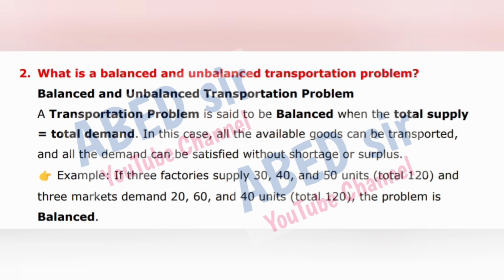In this case, all the available goods can be transported, and all the demand can be satisfied without shortage or surplus. Example, if 3 factories supply 30, 40, and 50 units, total 120, and 3 markets demand 20, 60, and 40 units, total 120, the problem is balanced.